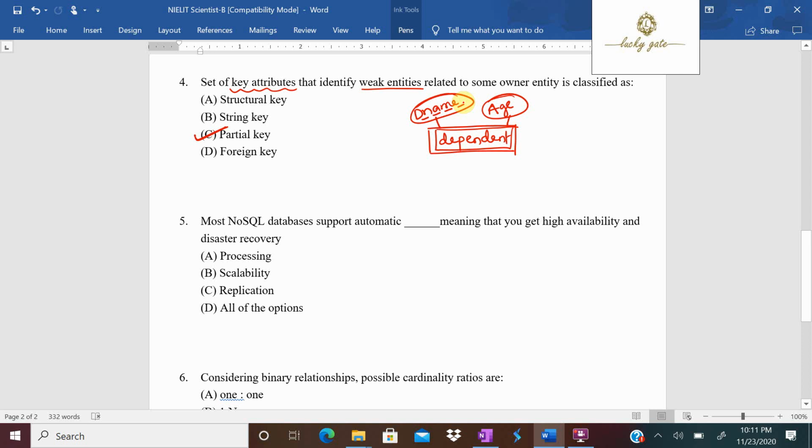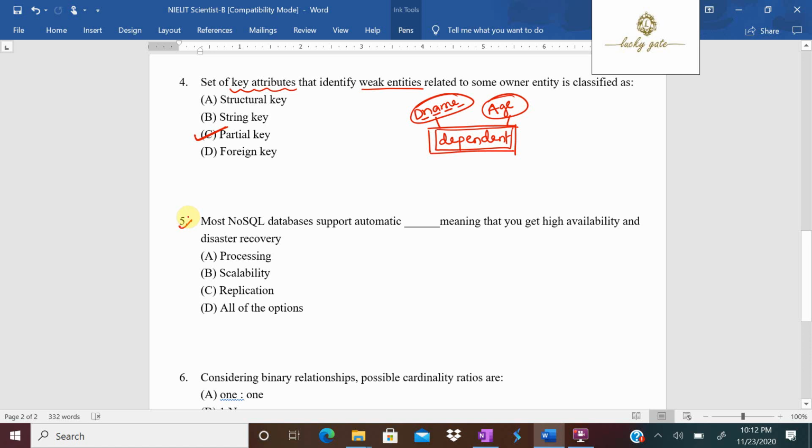Here, D name is a partial key, and along with the key of the owner it will be used as a key for the weak entity set. So the key attribute of a weak entity set is called a partial key, and another name for partial key is discriminator attribute. So the answer for this question is option C.